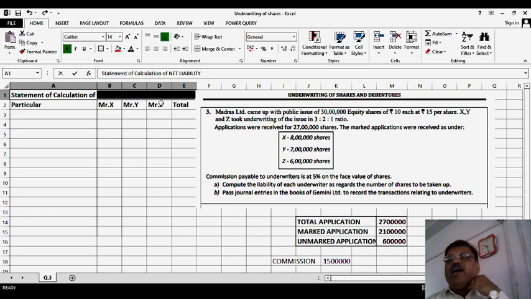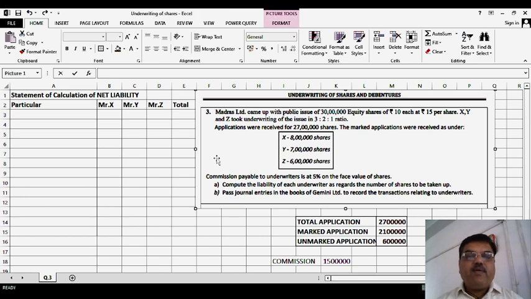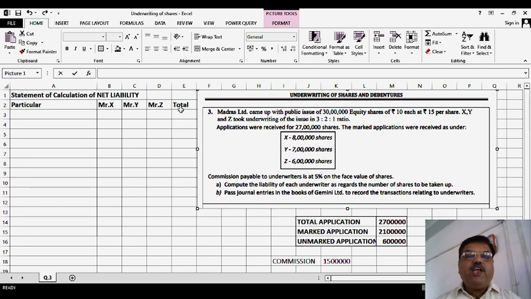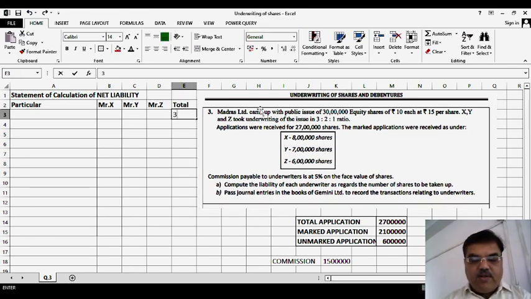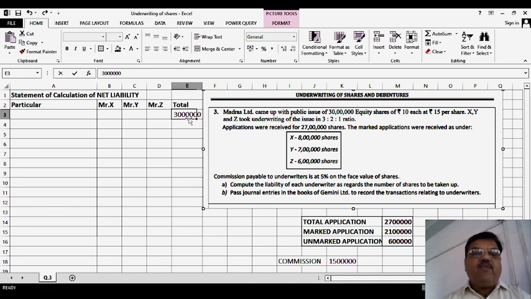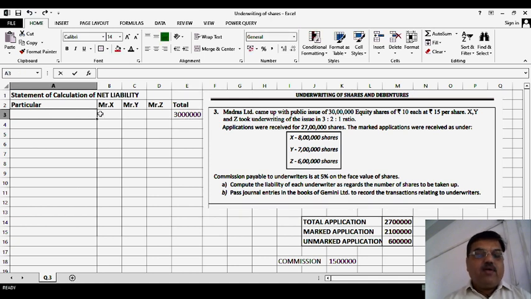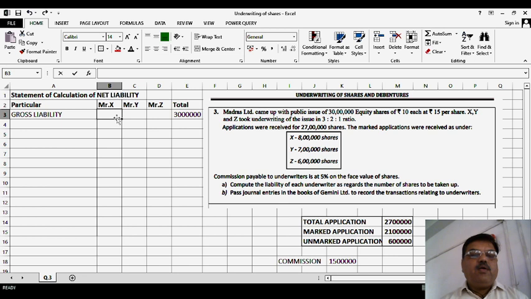Calculation of net liability. So first that 30 lakh. Okay, 30 lakh shares we have to divide. So यहाँ पे मैं 30 lakh लिख देता हूँ. 30 lakh shares that we have to divide, that is called as gross liability. What is the ratio?